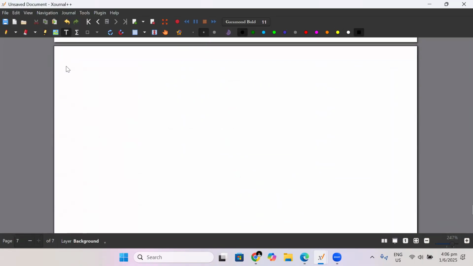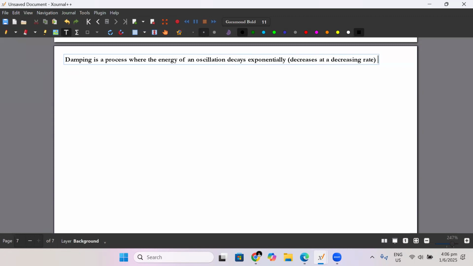Damping is a process where the energy of an oscillation decays exponentially. In other words, basically decrease at a decreasing rate due to the presence of resistive force.